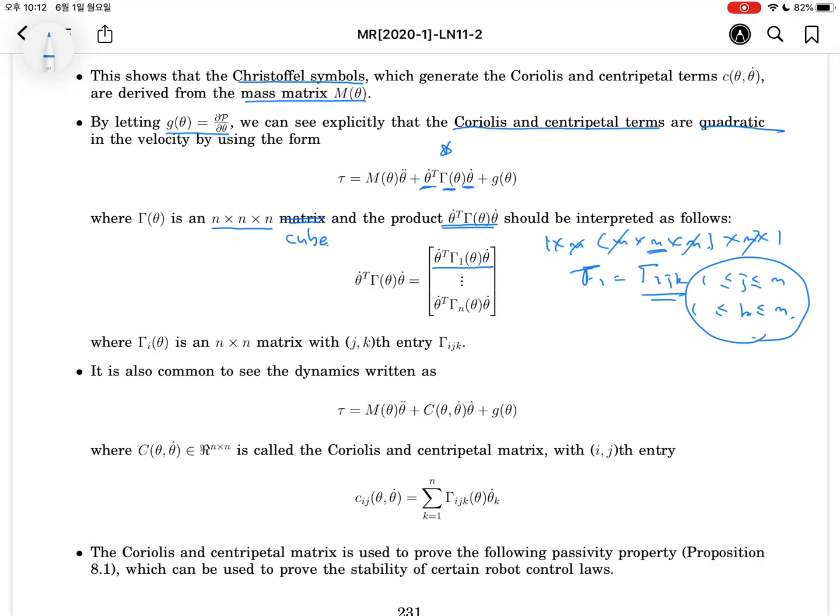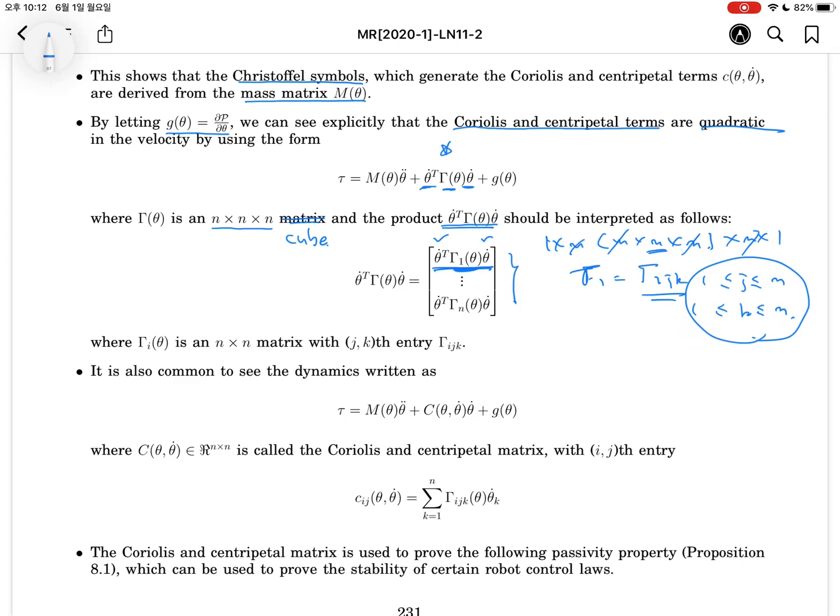So it is equal to a matrix. When the vectors are multiplied with each other, front and back, it will be a scalar. So we have n scalars, corresponding to the column vector.